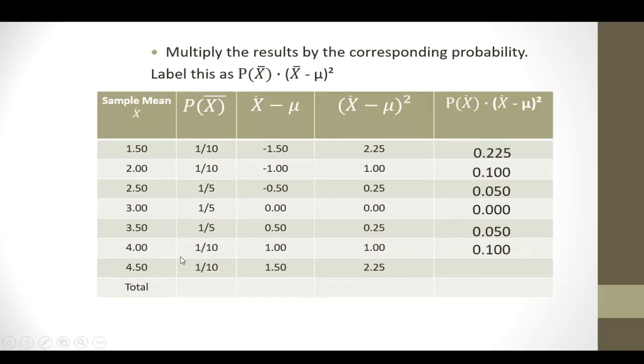Then 2.25 times 1 over 10 is equals to 0.225. So ang next step para makuha ko yung variance ay i-add ko na lang yung results dito.